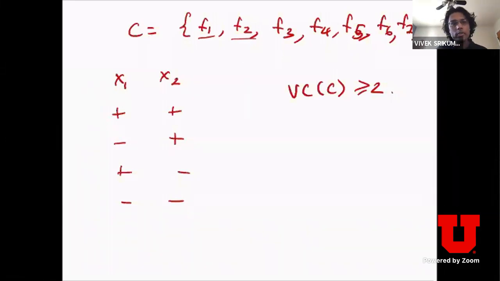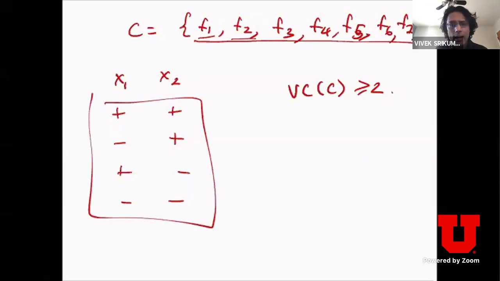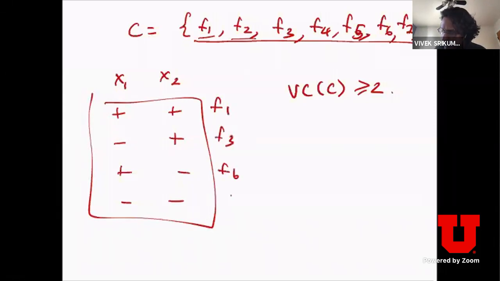Or let me ask the inverse question. Is it impossible for any definitions of these functions to provide these labelings? And the answer, of course, is that it's entirely possible that maybe f1 works here, f3 works here, f6 here, and f8 here. Nothing prevents this from happening.